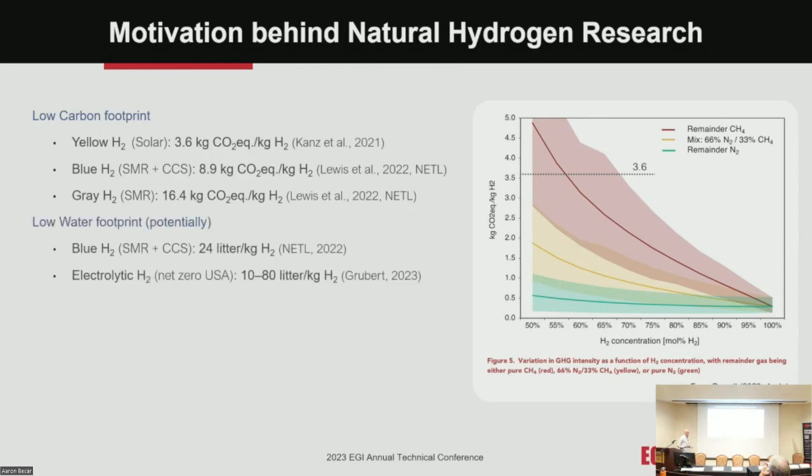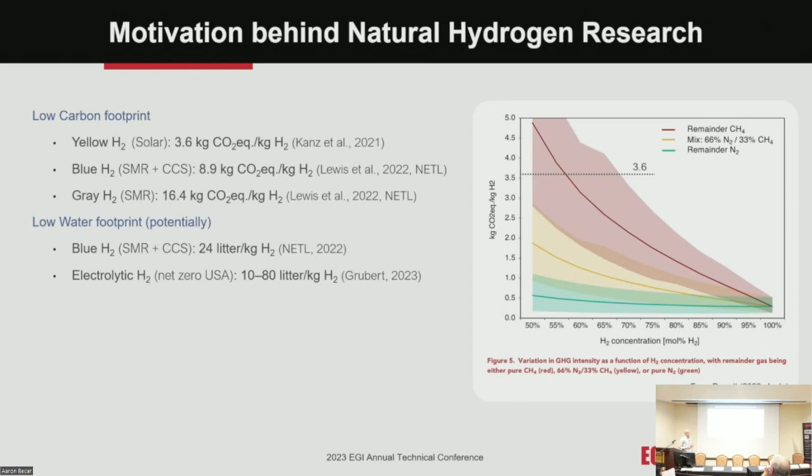Okay, another reason is water requirement. I do not really have a good number for natural hydrogen production, but we can assume that the water requirement or consumption can be lower than these numbers, because with natural hydrogen production, we don't use water as a feedstock.